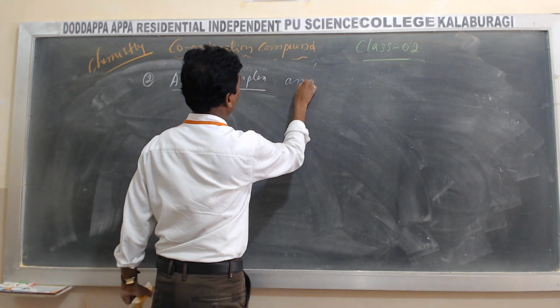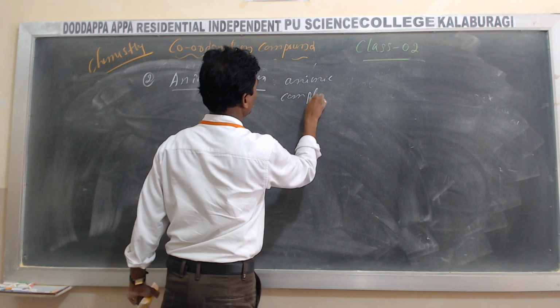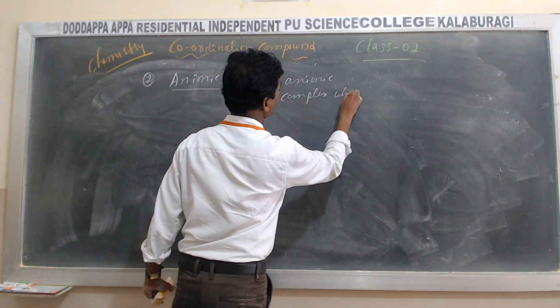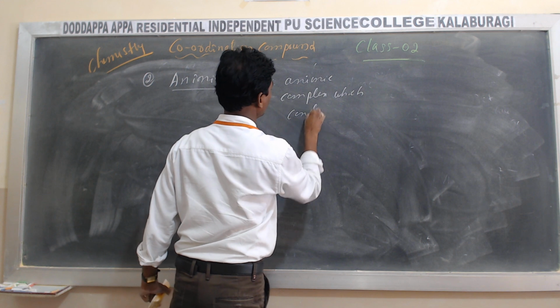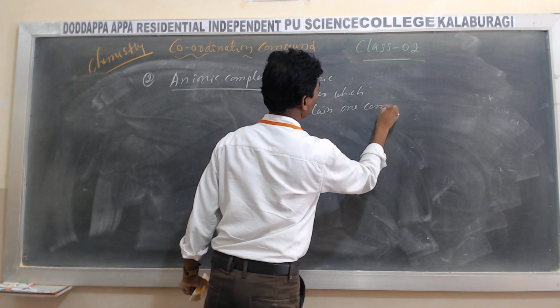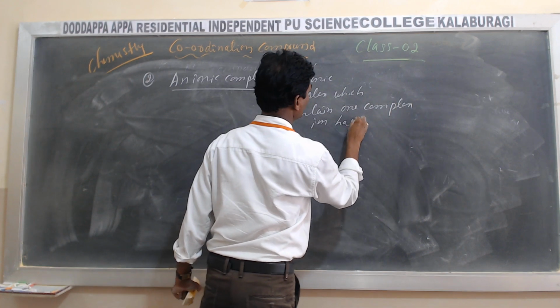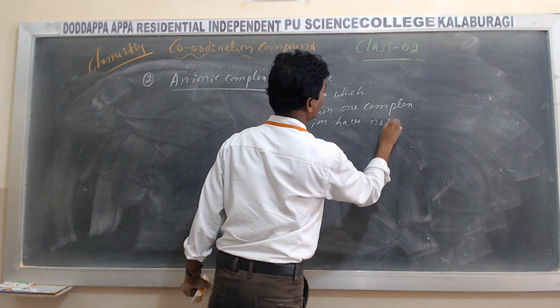The anionic complex is one which contains at least one complex ion having a net negative charge.